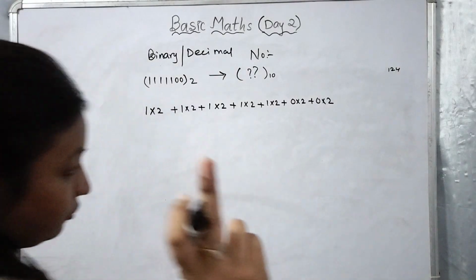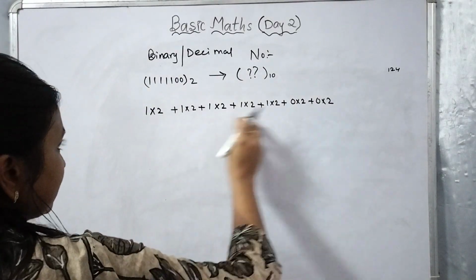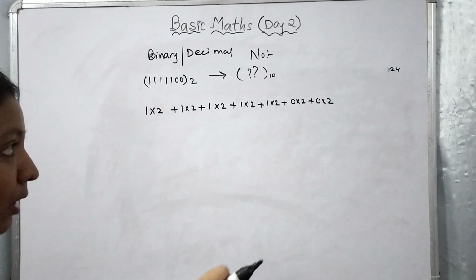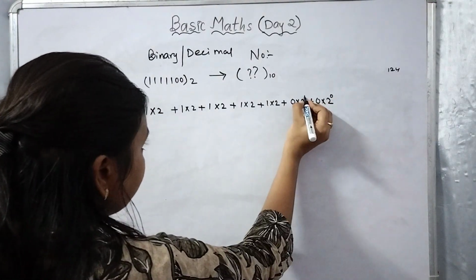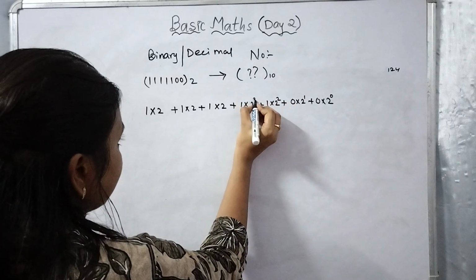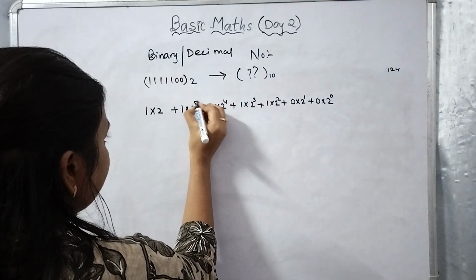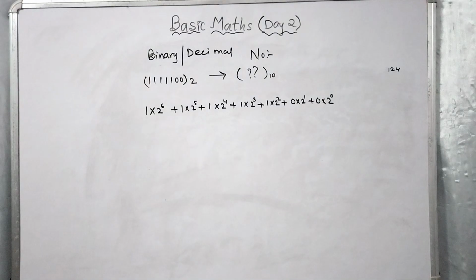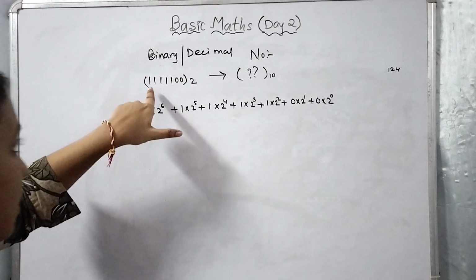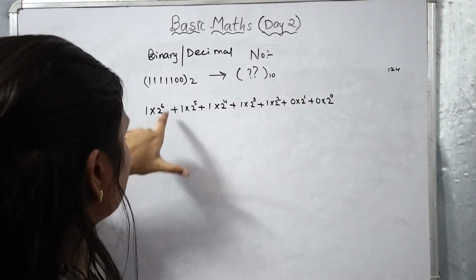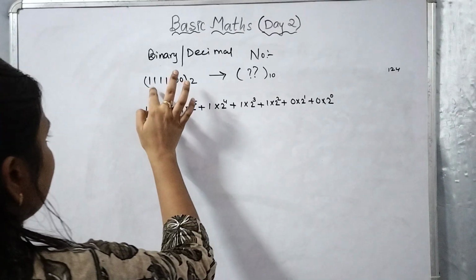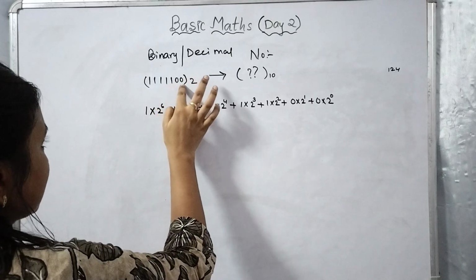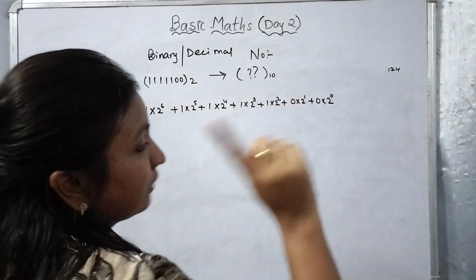Now what you need to do is, from backwards, start adding power to 2. 2 to the power 0, 2 to the power 1, 2 to the power 2, 3, 4, 5 and 6. Again, I am telling you that first you will write 1 into 2, 1 into 2, or you will count it in this way, 1, 2, 3, 4, 5, 6, 7. So 7, it will start from 0.